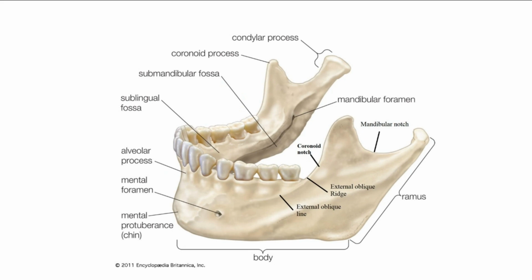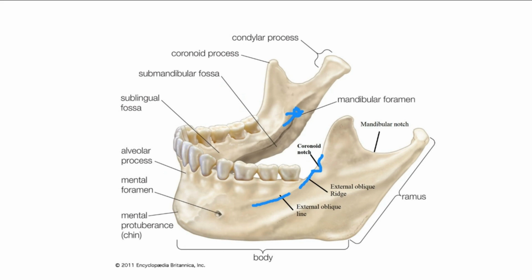One more time, here it is. External oblique ridge, external oblique line. Here is the coronoid fossa. Look how this area is more depressed. I'm exaggerating, but this is more depressed. Otherwise, you have the mandibular foramen and the lingula is partially covering it, and so on.